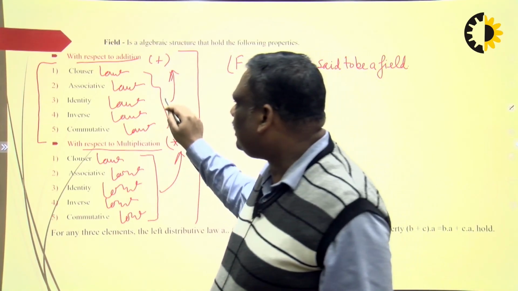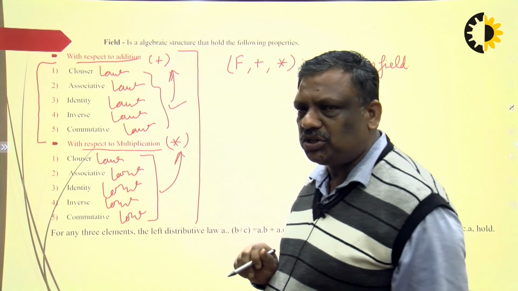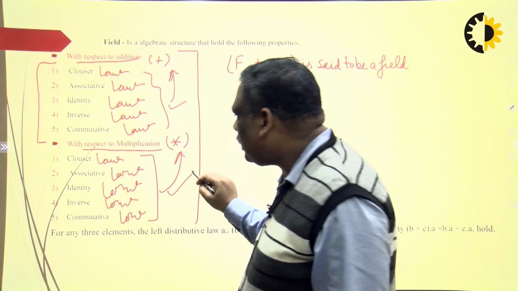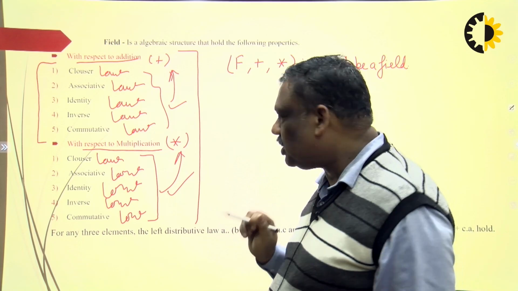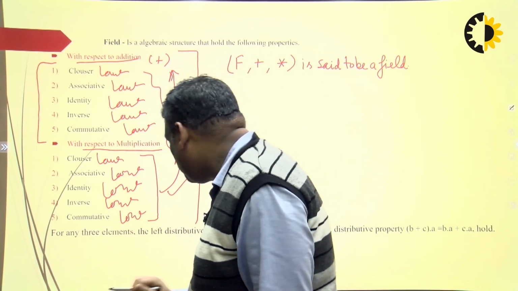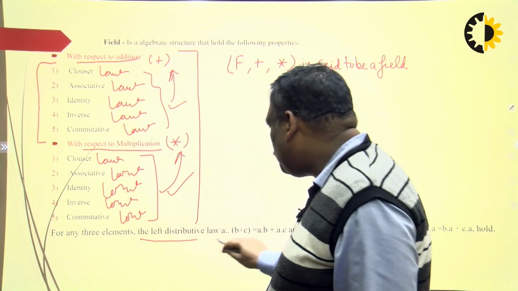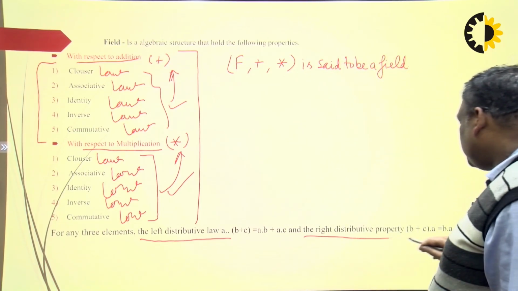So, this one is commutative with respect to addition, this one is an abelian group with respect to multiplication, and it holds the distributive property: left distributive is equal to right distributive property.